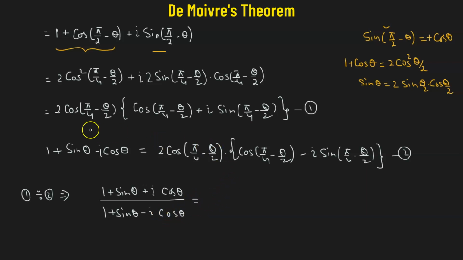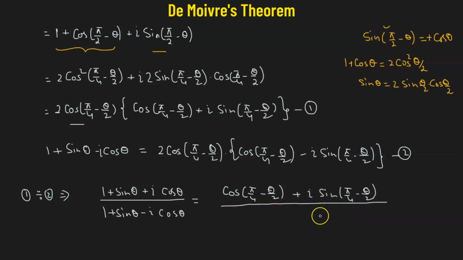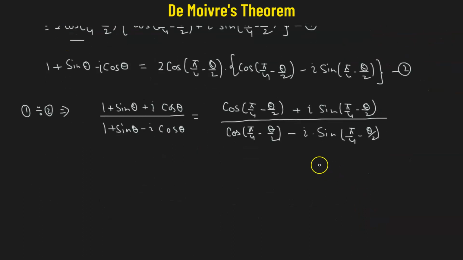The 2 times cosine of pi over 4 minus theta over 2 will get factored out from both the numerator and the denominator, and this leaves us with cosine of pi over 4 minus theta over 2 plus iota times sine of pi over 4 minus theta over 2, all divided by cosine of pi over 4 minus theta over 2 minus iota times sine of pi over 4 minus theta over 2. Now if we consider our denominator, we have a negative sign here.